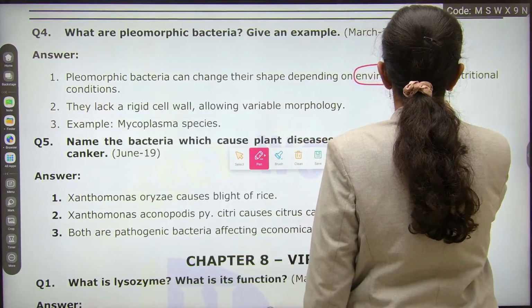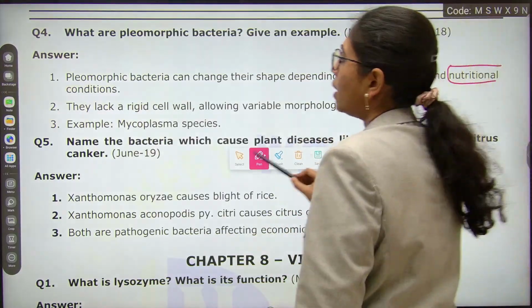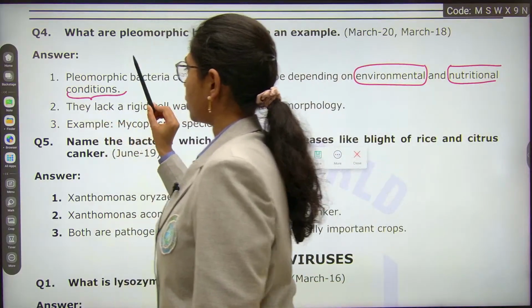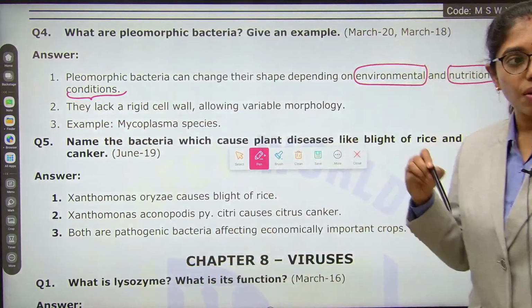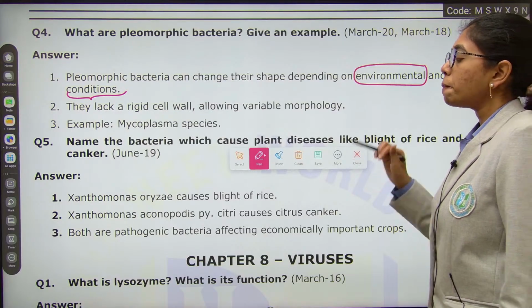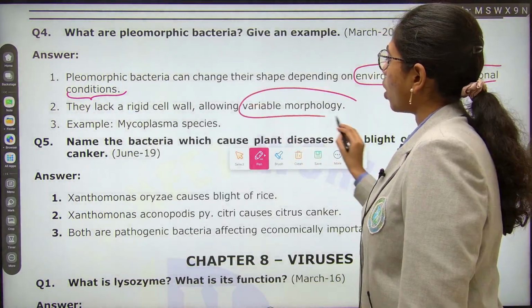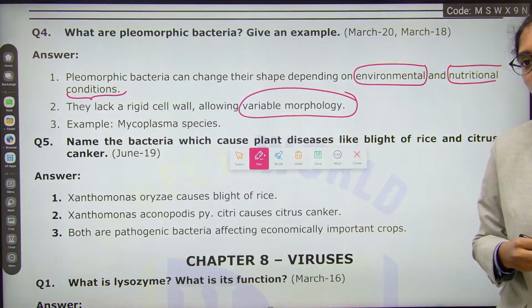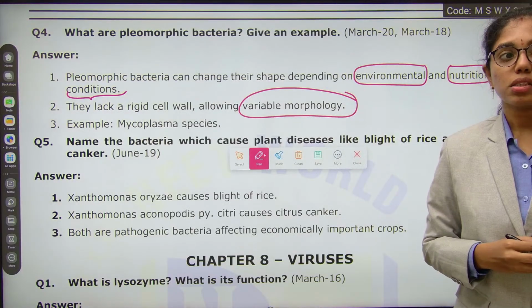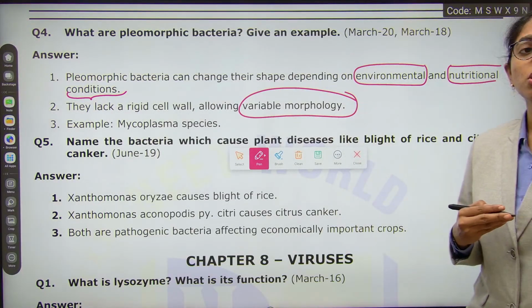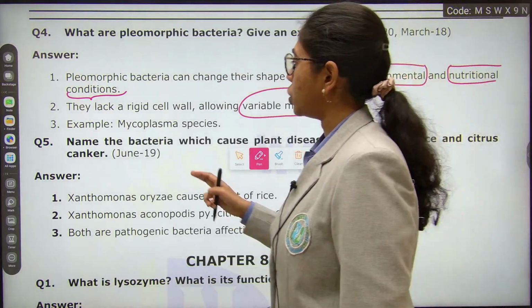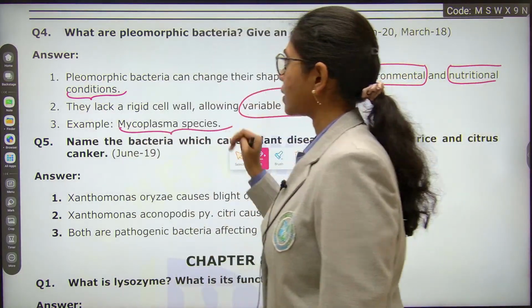They lack a rigid cell wall, which allows variable morphology, so different types of morphological structures are seen. Example: Mycoplasma species.